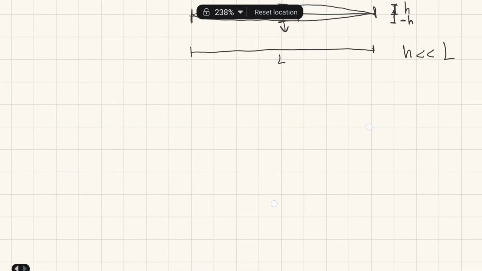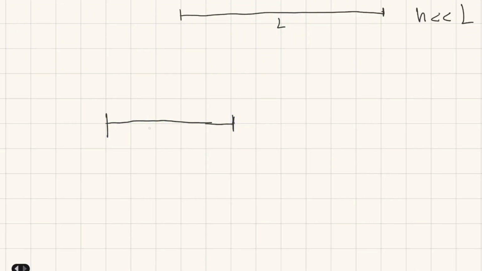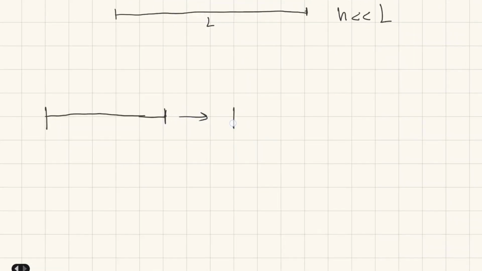So for example, we can study the case where we have the string like this in the initial position without any force applied, and then we apply a force to the string at the middle of the string, where this distance is L divided by 2, right?